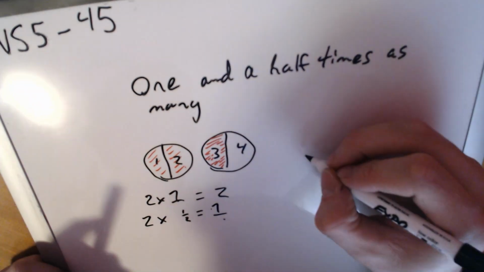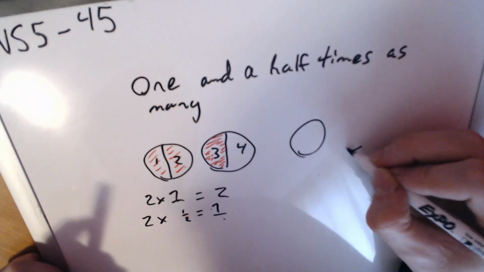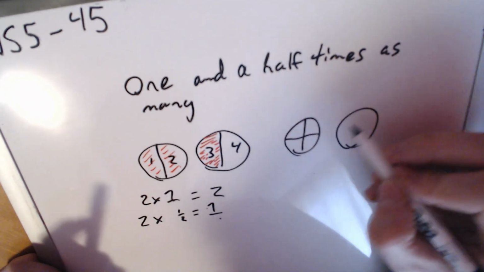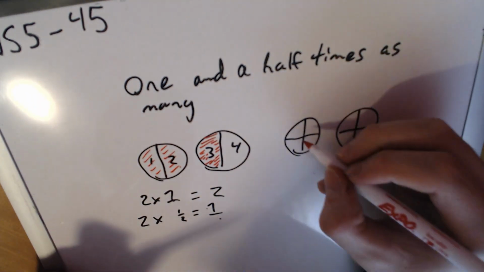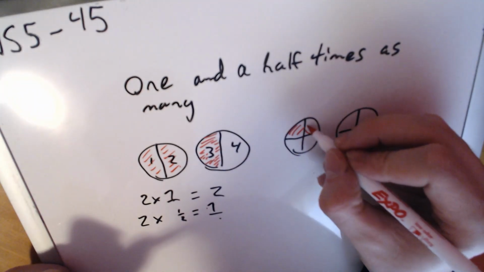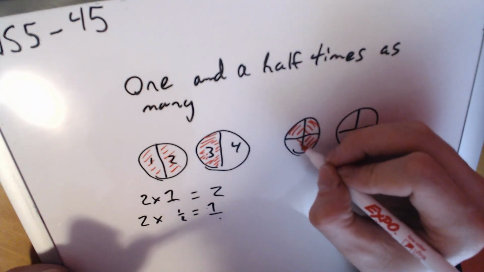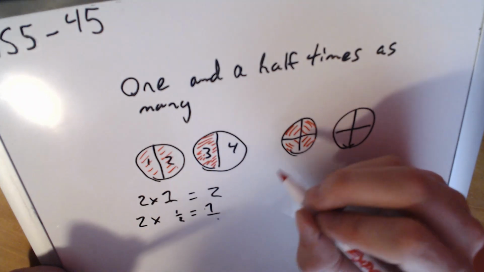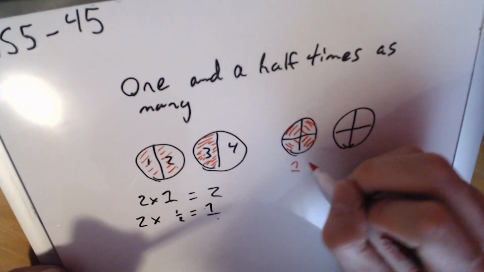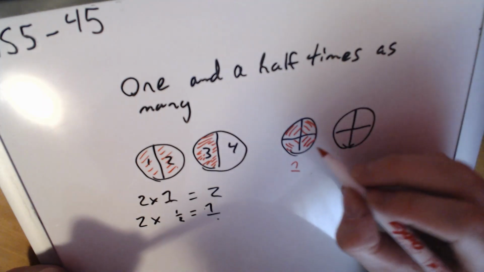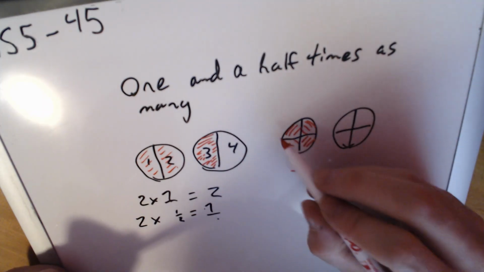So if we, for example, had shapes that were divided into fourths, that was how many you had initially, but then you got 1.5 times as many. Well, 1 times as many is the same amount, but for the half, all you're doing is adding half of the shape.